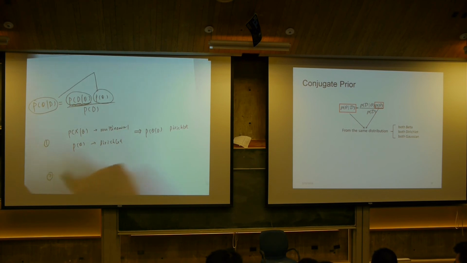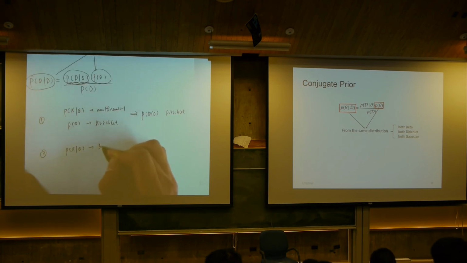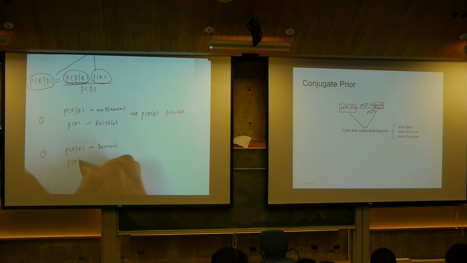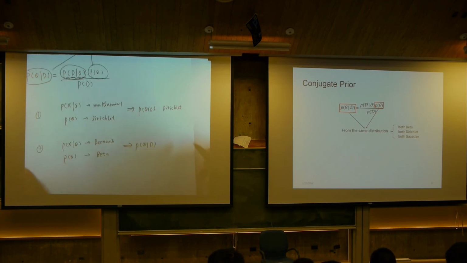Another case is if the distribution over data is Bernoulli and p(theta) is beta, the posterior of theta is a beta distribution.